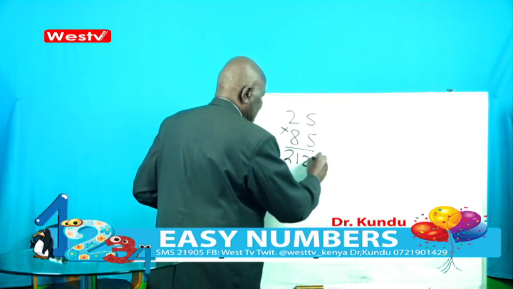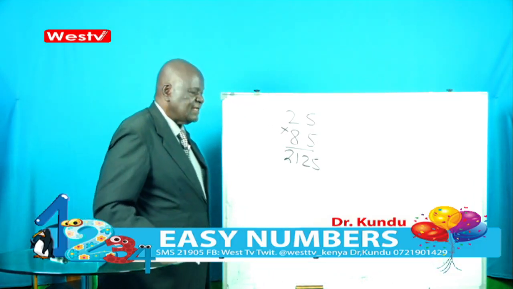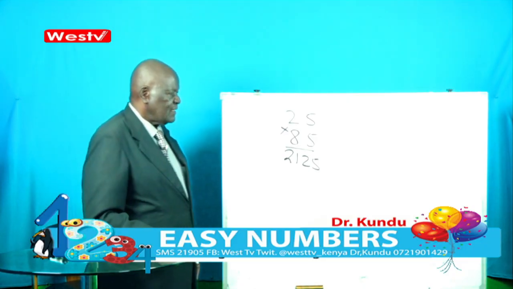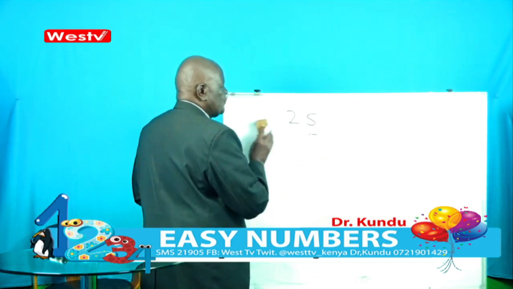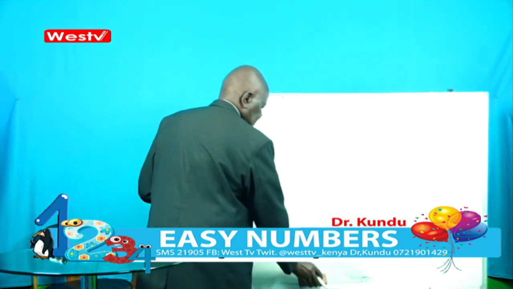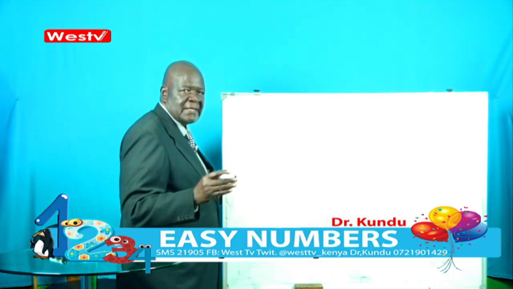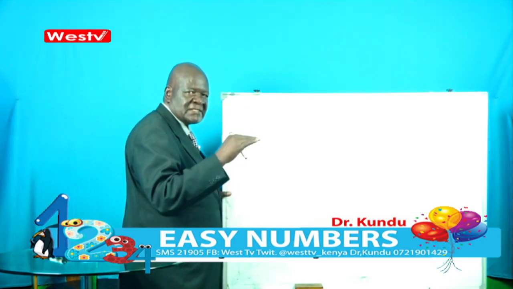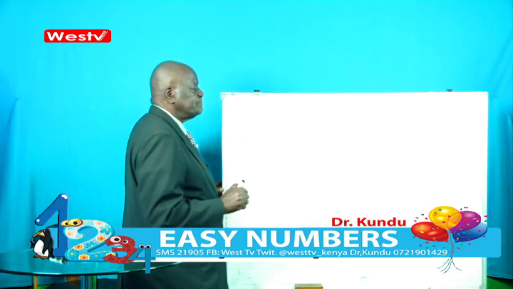So the answer to this problem of 25 times 85 is 2125. Let us have a few more examples of this so that you can again see your answers mentally all the time. Left adding to 10, right same, or tens digits adding to 10 and the ones digits same.